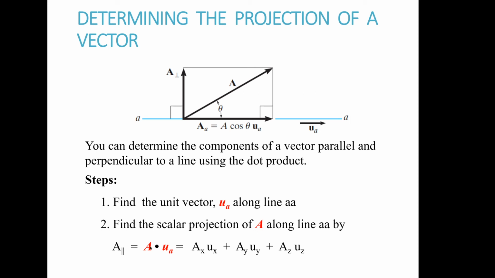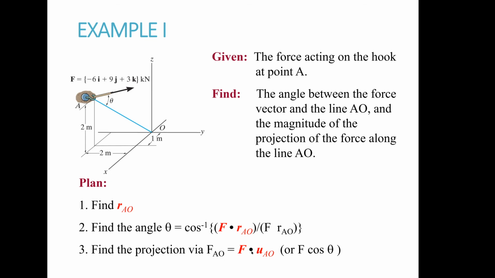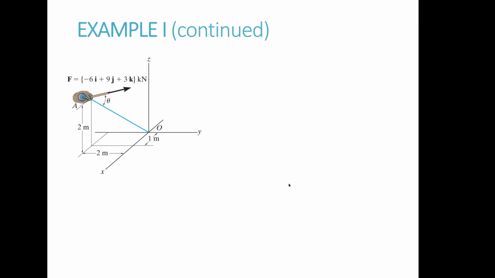So you're dotting it with that unit vector in that direction, and that's going to give you the actual magnitude in that direction. We're doing the same kind of thing as what was done here. So that's all this essentially is: finding that parallel component, the component that's parallel to this line AO. How much of this force is in the direction of this line, right?